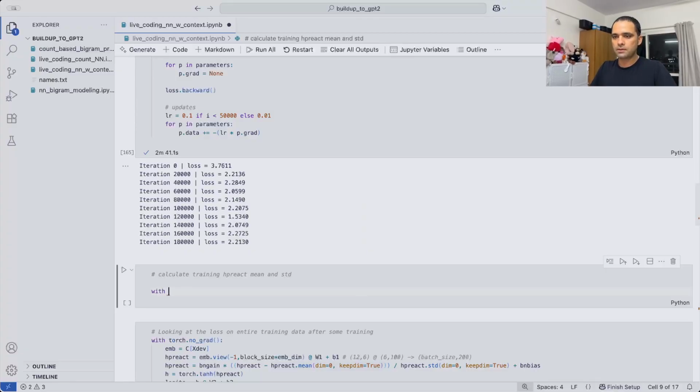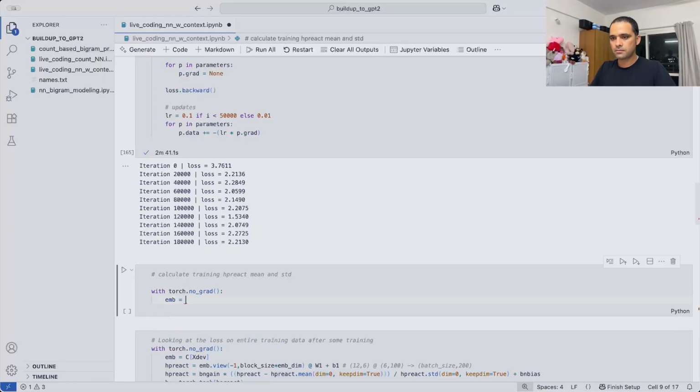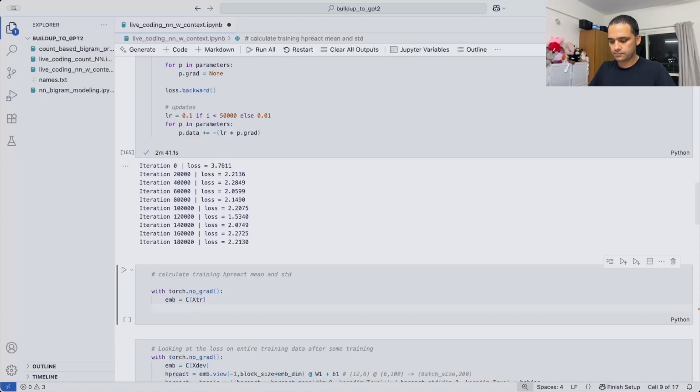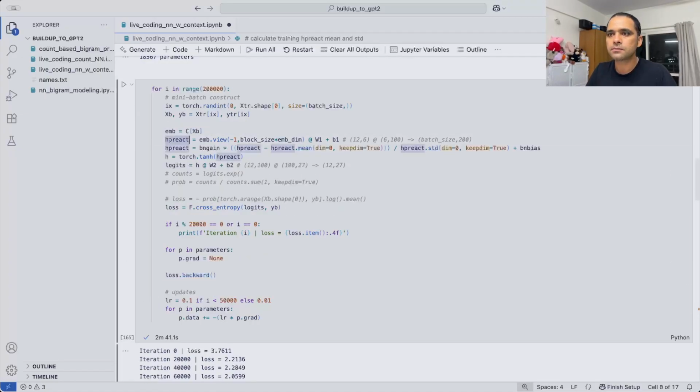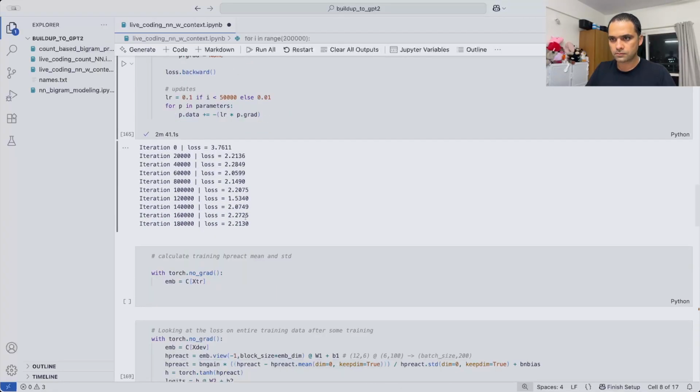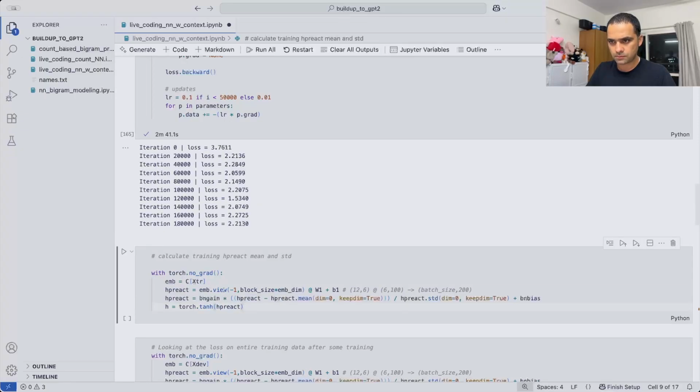So this would be with torch.no_grad. Let's copy the commands from here. You need to calculate the hpreact for the entire training data.